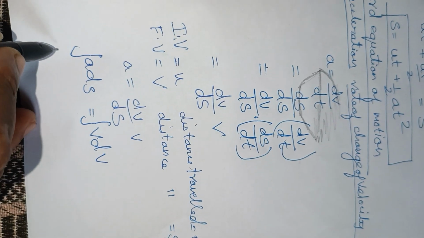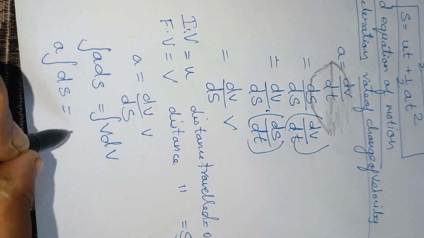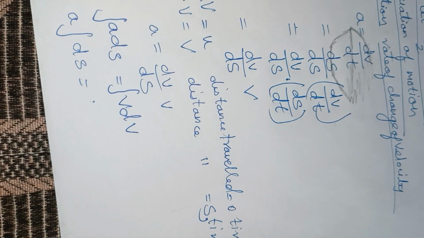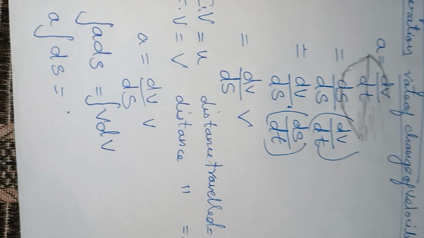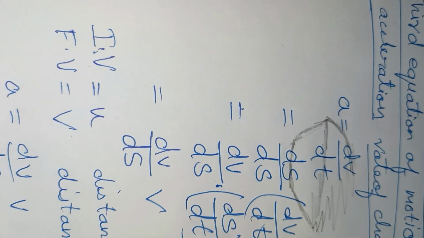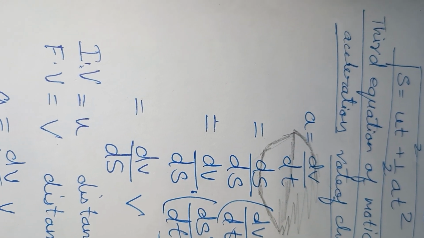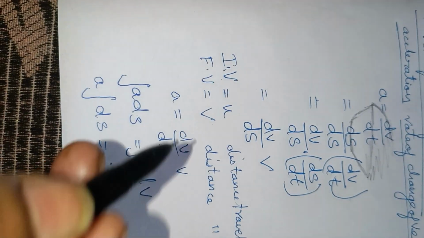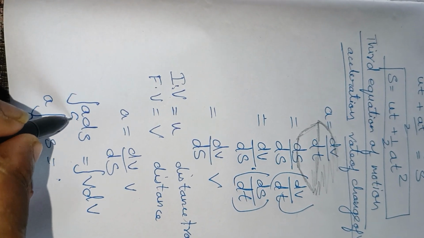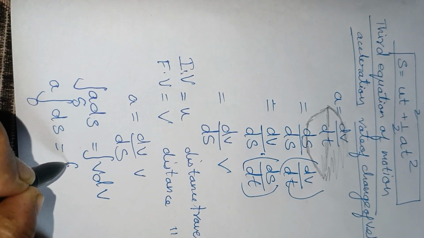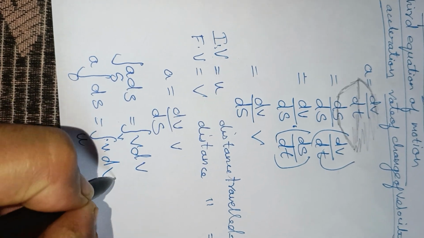After applying the integration, a comes out, and the term will be ds, which equals v dv. Since v and dv are similar functions, we can integrate them. Now what will be the limits? The limits extend from 0 to s for ds, and from u to v for v dv.